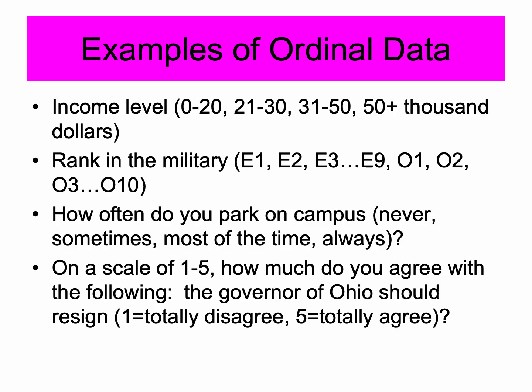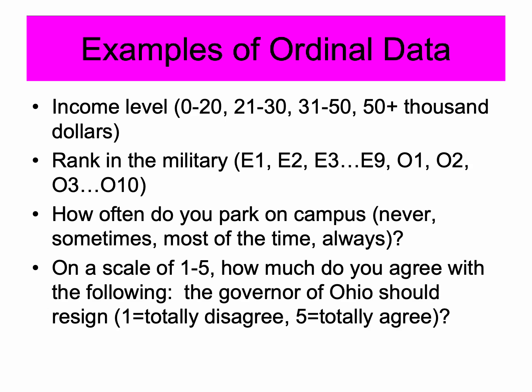Again, they call them Likert. When you get a scale and you're asked to pick, like, how often do you do this, or how much do you like this, or how upset does this make you, on a scale of 1 to 5, or 1 to 10, or 1 to 100. The example here, how much do you agree with the statement that the governor of Ohio should resign? Totally disagree, all the way up to totally agree.